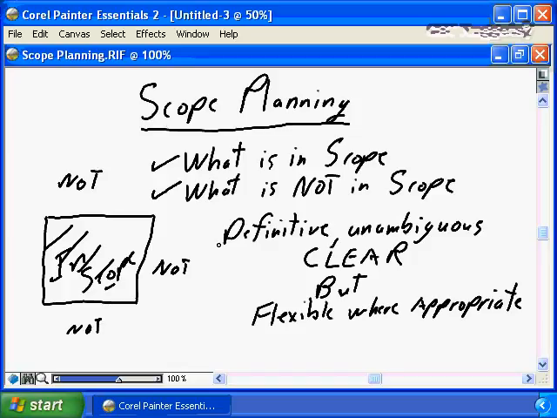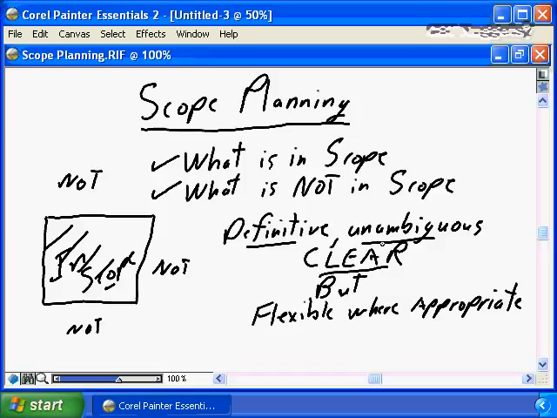In order for the scope statement to be useful, it needs to be definitive, unambiguous, and clear. It needs to be constructed in such a way that it leaves no room for interpretation. No matter who reads the project scope statement, the business sponsor, a senior executive, an IT person, an external consultant, a contractor, a stakeholder, it needs to clearly define what is in scope, written in clear language.